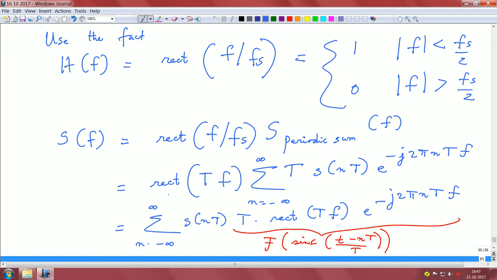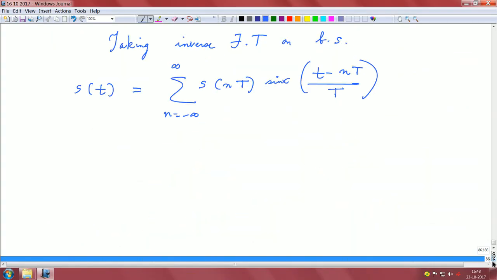I fold the rectangle function into the summation, and I can interpret this as basically the Fourier transform of the shifted copies of the sinc function, and now you have summation over several such Fourier transforms. I take the inverse Fourier transform, because it is linear, it automatically follows.